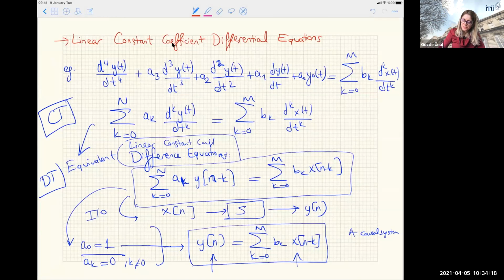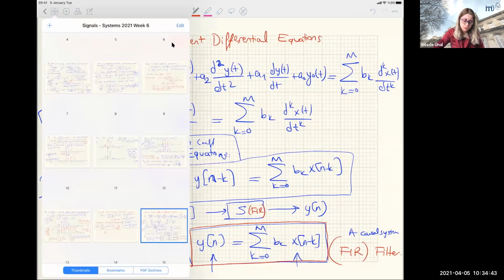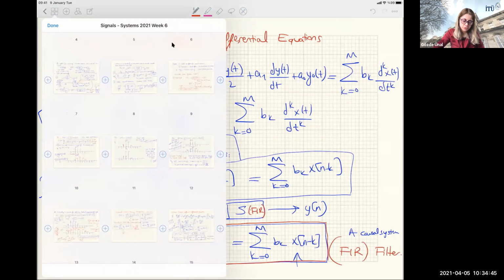For us, the most important one is this finite impulse response or FIR filter. Okay. So this is the system that we will be mainly working with in this course. Don't really dwell on it much because the other one is really not something useful for our purposes.